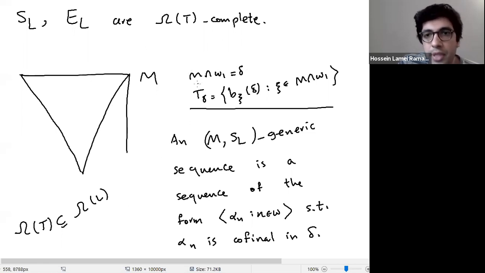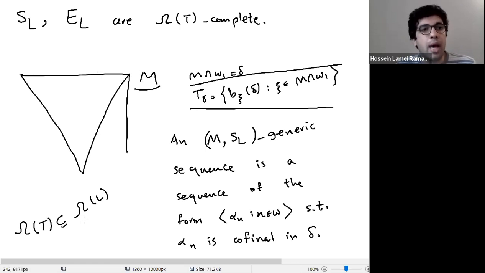But because of this property, that's already decided by the generic sequence. By genericity, every psi in M intersect omega 1 is going to be in the domain of some phi q, and that's already decided. So that's easy. When we want to find a lower bound for EL and SL and make M to be in omega, that's pretty easy. The challenge is finding a lower bound and making M into gamma.